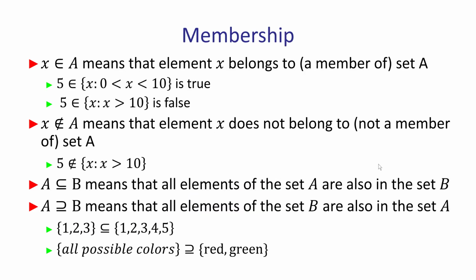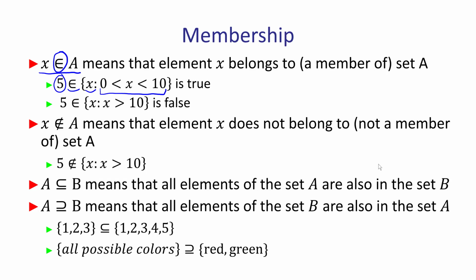Okay, now we can learn more about new special symbols from theory of sets. And this is related to membership. We say that x belongs to A using that symbol. And this means that A includes that element x, which means x is a member of A, or belongs to A. For example, number 5 belongs to the set of all x's between 0 and 10.